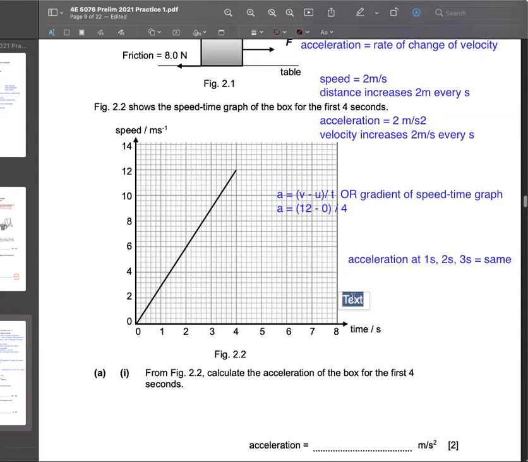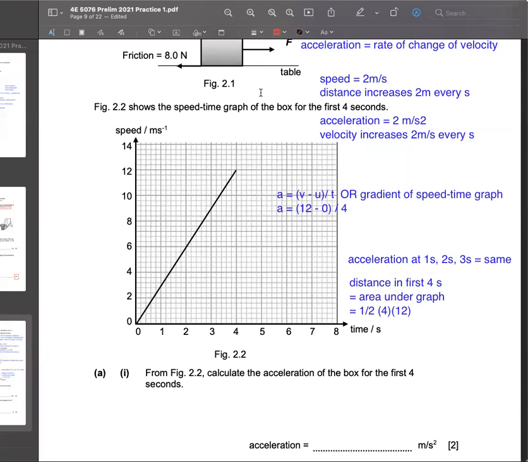What's the distance in the first 4 seconds? Area under graph, equals half times 4 times 12, which is 24.